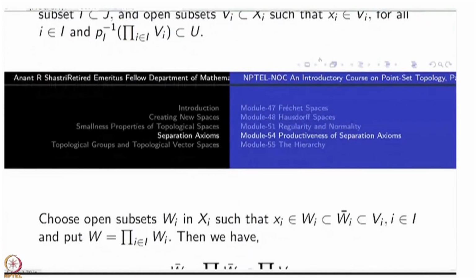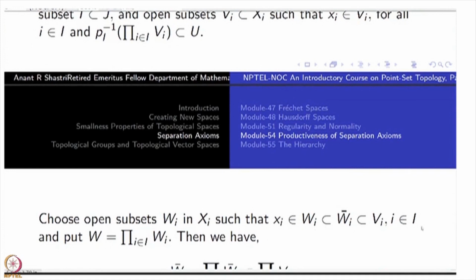Now, for each X_i being regular, for each x_i contained inside the open sets V_i, you can find an open subset W_i in X_i such that x_i is inside W_i, inside W_i bar, inside V_i. Between x_i and V_i, we can squeeze another open set W_i.